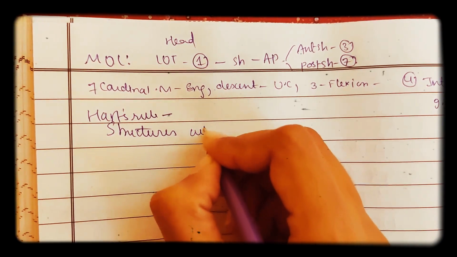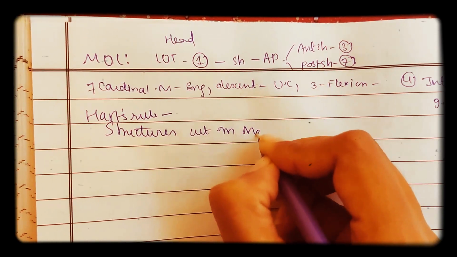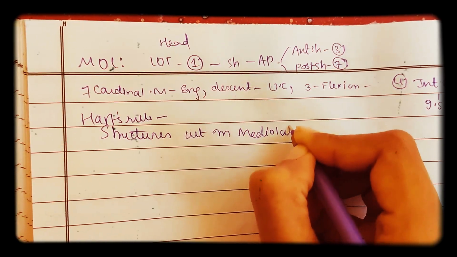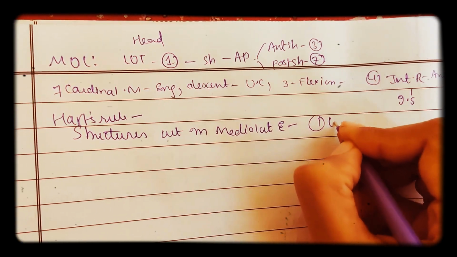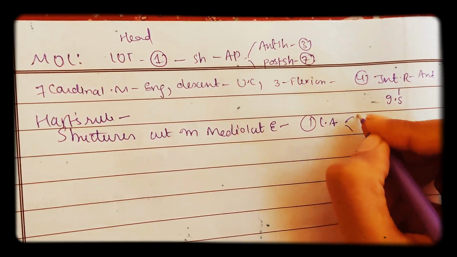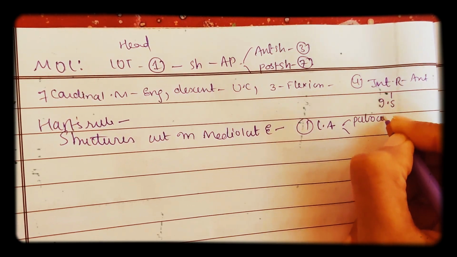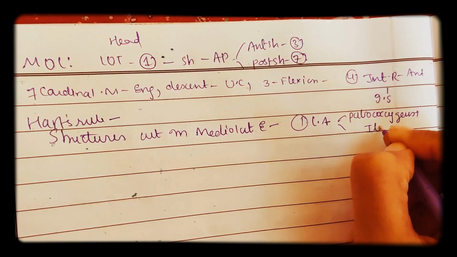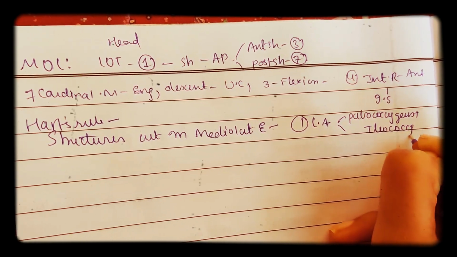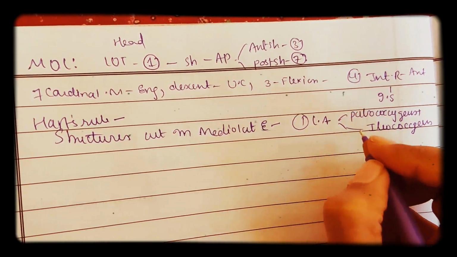So the structures cut in mediolateral episiotomy, this is important. The first structure is the levator ani muscle, which is divided into the pubococcygeus and iliococcygeus muscles. These are the two muscles.